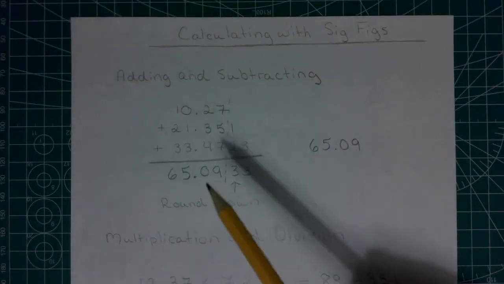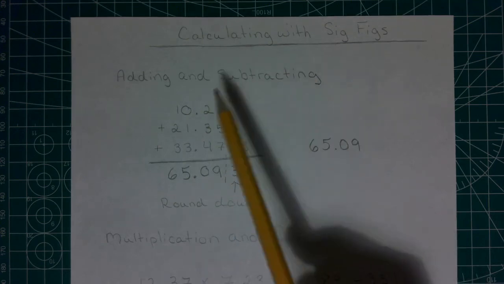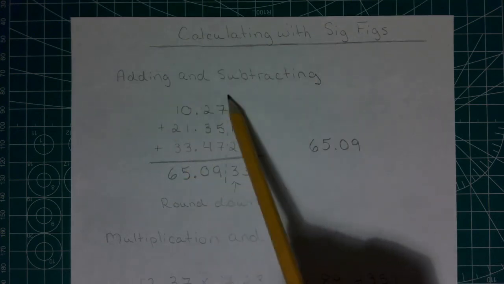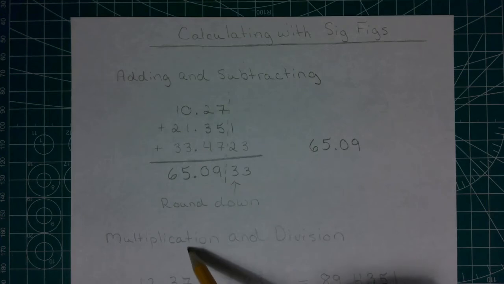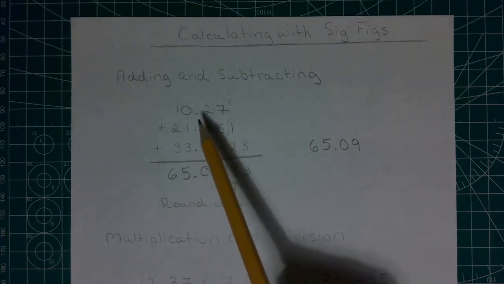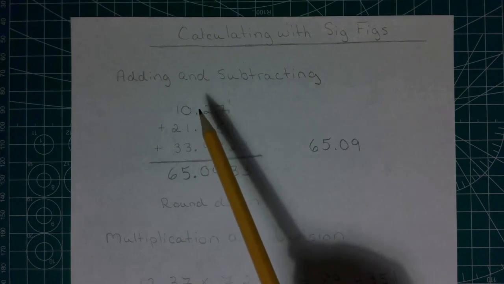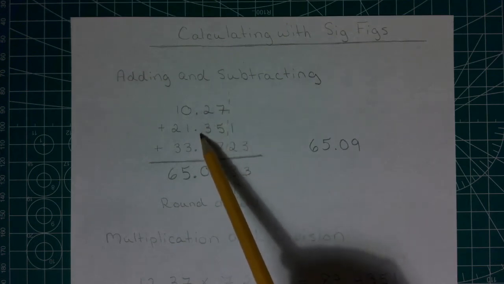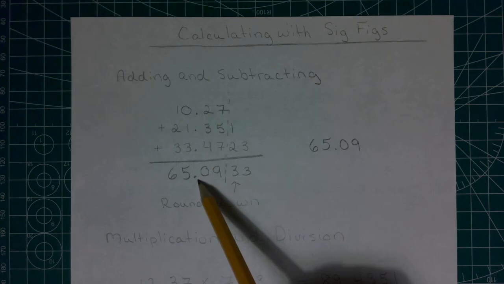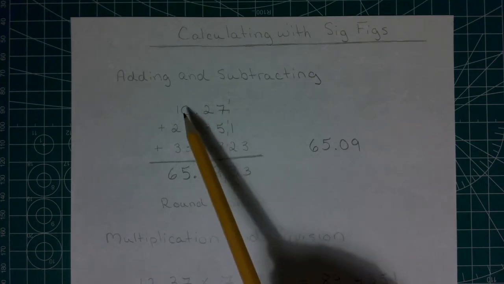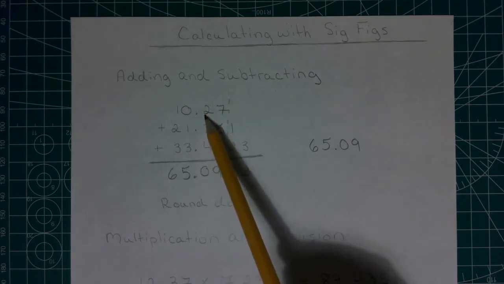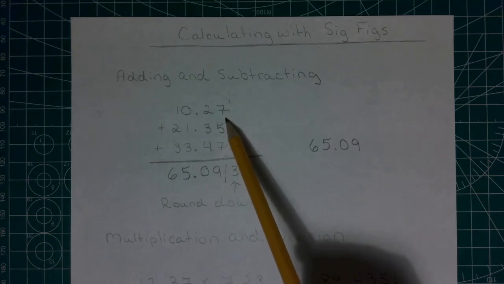Now, calculating with sig figs. Okay, so we have two different cases here. We have the case where we're adding and subtracting, and a case where we're multiplying and dividing. So when I'm adding or subtracting, what I'm going to do is line up the decimal place all the way down here. Then I'm going to go up here and look at these places and go to the one that has the fewest number of places.